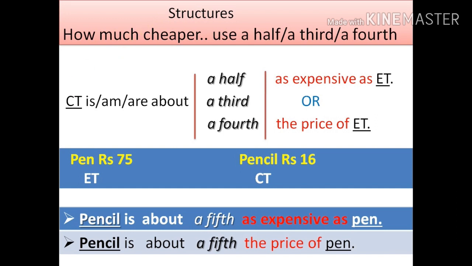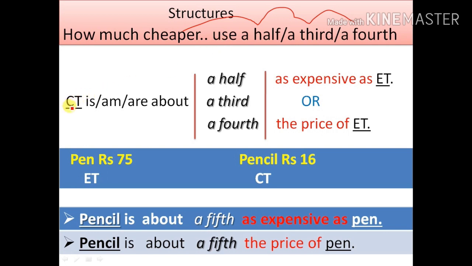Similarly, if you want to put the cheap thing in the beginning of your sentence, let's see what would be the structure, or how much cheaper is something. So if you put the cheap thing at first, rather than using 2 times, 3 times, 4 times, or 5 times, you have to use a half, a third, a fourth, a fifth, a sixth, and accordingly.